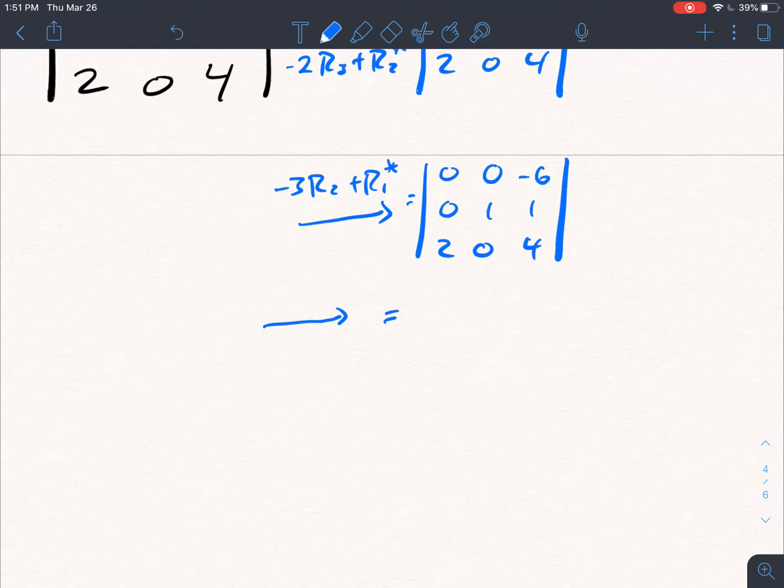Next line, I'm going to swap rows 1 and 3. And when I do that, I'll get the negative of the determinant of this matrix.